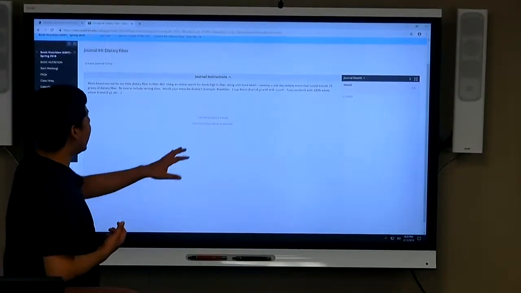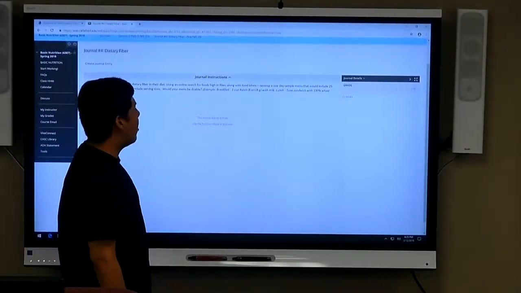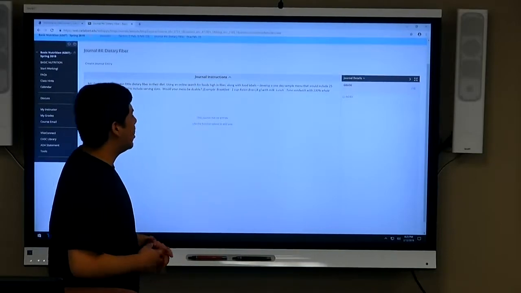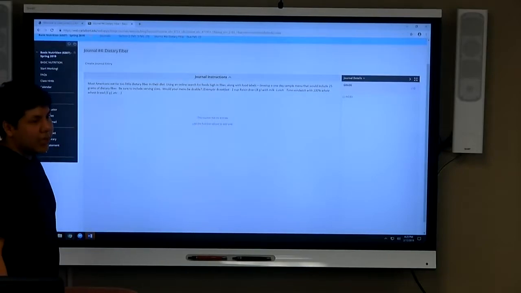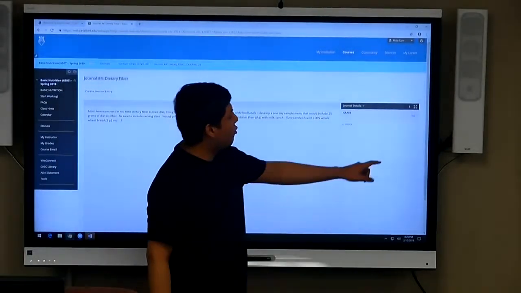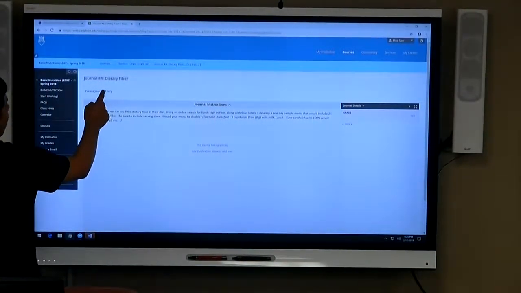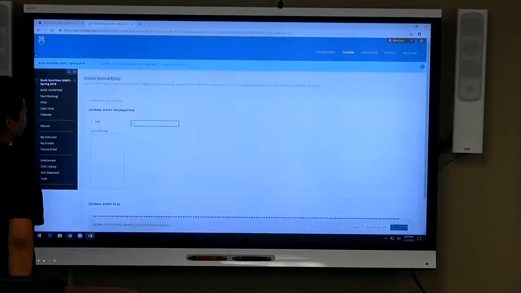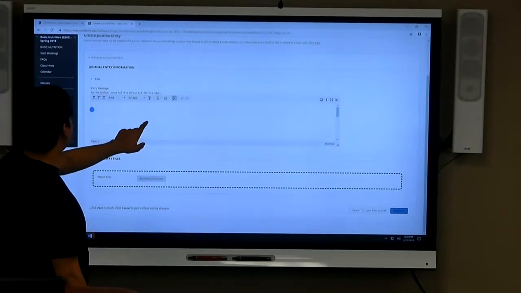And then the example is breakfast, 1 cup of raisin bran, 8 grams with milk. Lunch, tuna sandwich with 100% whole wheat, 5G, etc. And so this is going to be worth 10 points. The way you do this is you just go to create journal entry, and then you type in your answer right here.